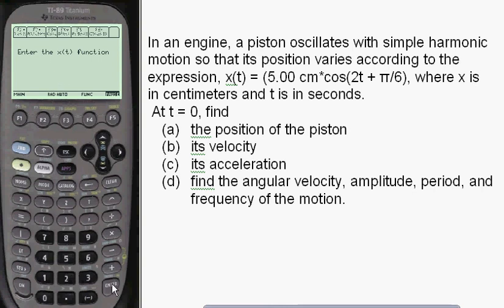Press enter. You have to press alpha before you enter anything in these entry lines in all my programs, physics or calculus. Alpha, 5 times secant, the cosine of 2 times t plus pi divided by 6, close off the parentheses, and we've entered it correctly.